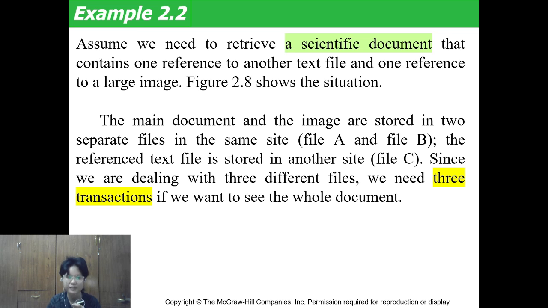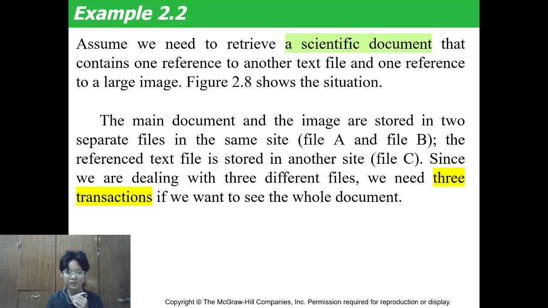HTTP security. About example 2.2, assume we need to retrieve a document that contains one reference to another text file and one reference to a large image. Picture 2.8 shows the situation.